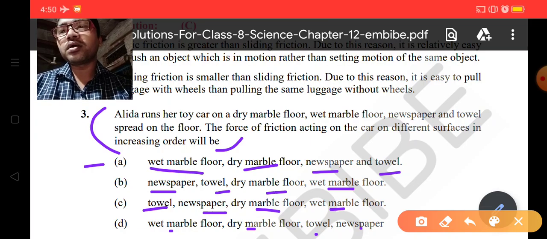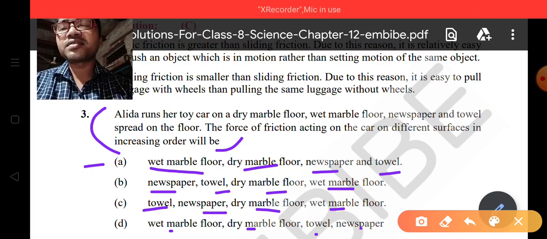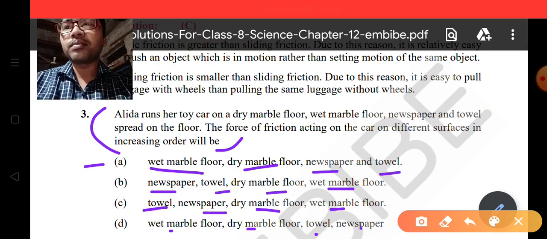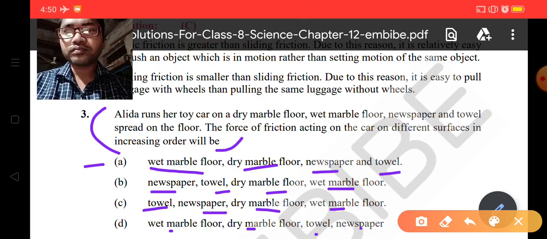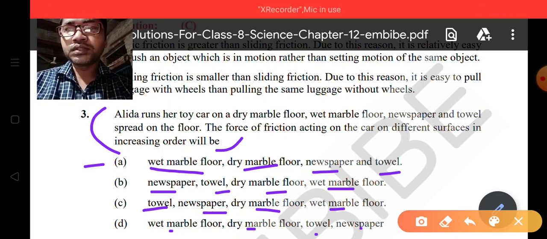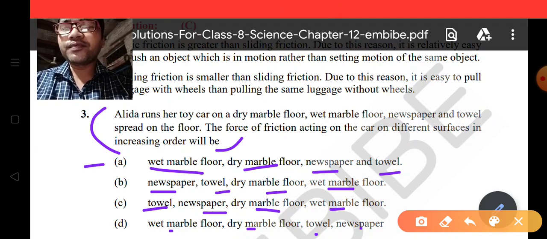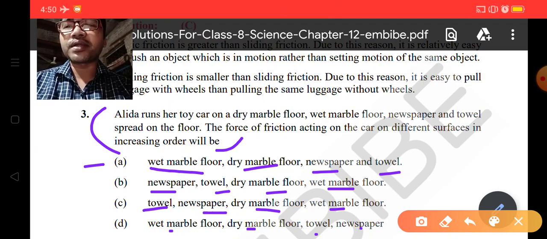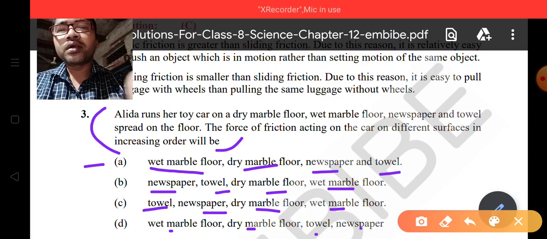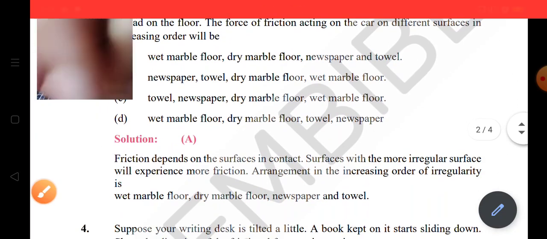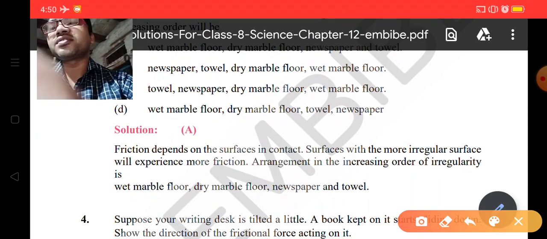Now you should find out in which case the friction is maximum and minimum. Okay, and we should start from the least to greatest. Okay, so let's see, and the answer is option number A.